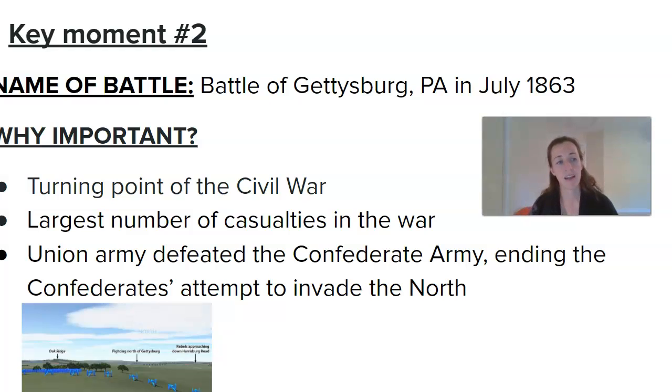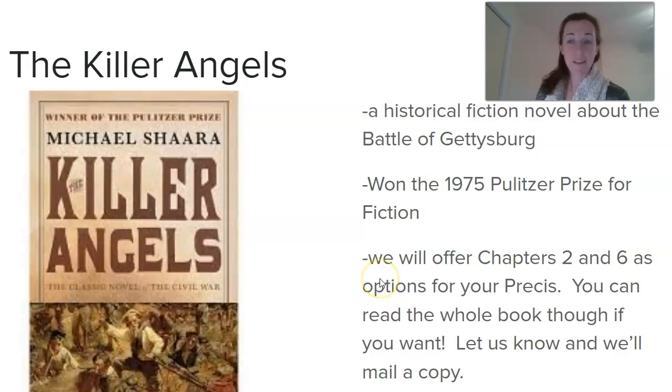So we're placing an unreal emphasis on Gettysburg because that's our text that we have. And here is that text. It's an excellent text. It's a historical fiction novel about the Battle of Gettysburg and won the Pulitzer Prize in 1975 for fiction. We're going to offer 2 chapters. The first is from the perspective of Colonel Chamberlain, and the second is from the perspective of General Lee, Robert E. Lee.